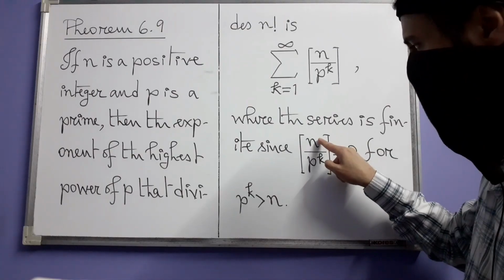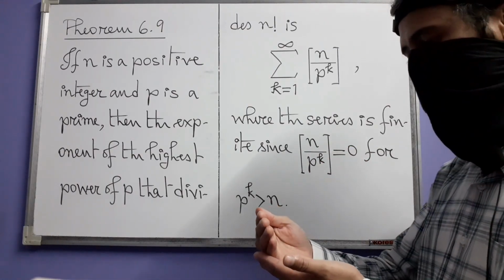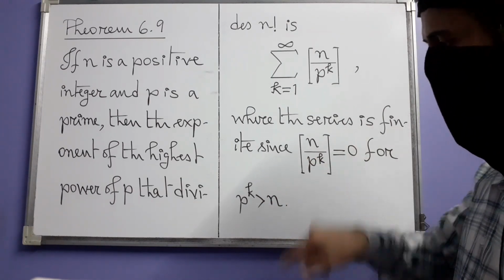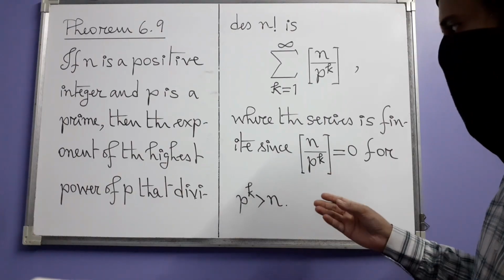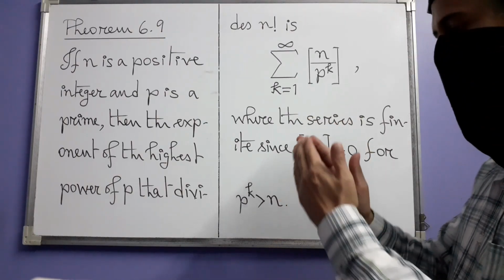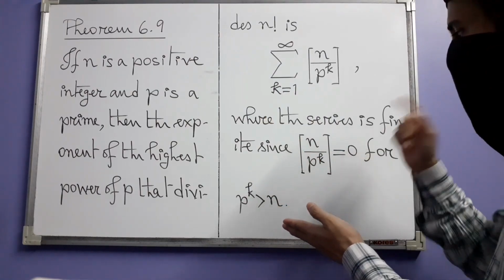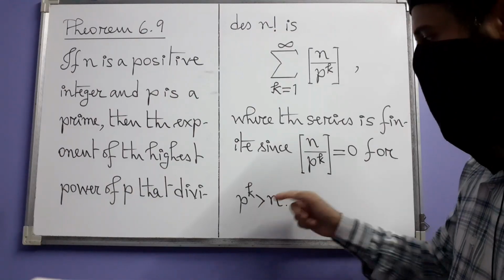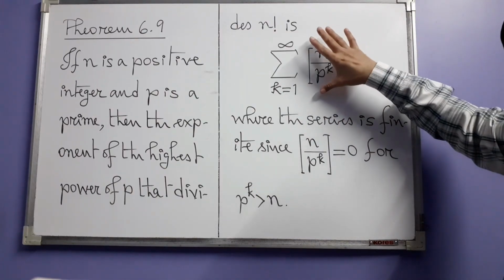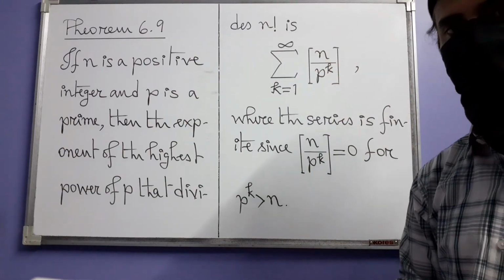That is because you are dividing a positive integer by another positive integer. So the ratio is greater than 0. But if this happens, then it also becomes less than 1, and in that case obviously the ratio only, not the greatest integer value, the ratio only lies between 0 and 1, and so the greatest integer value becomes 0, and the next higher terms continue to be 0. So that is why, in spite of how this looks, actually this is always a finite series.